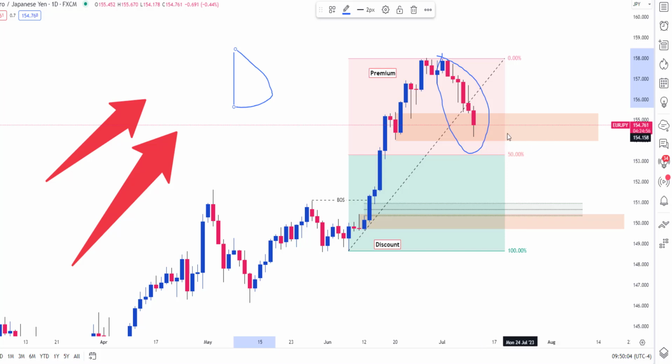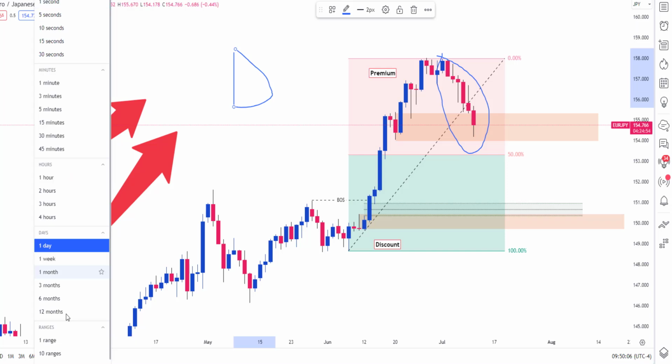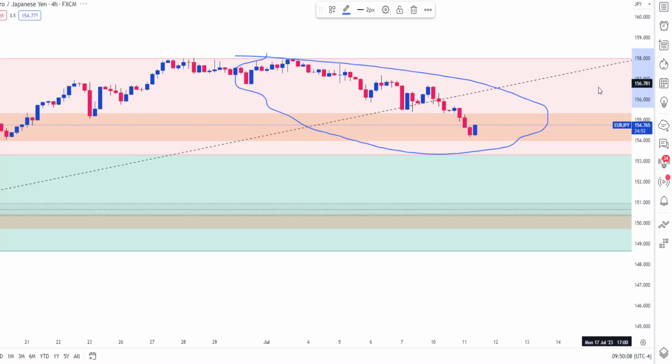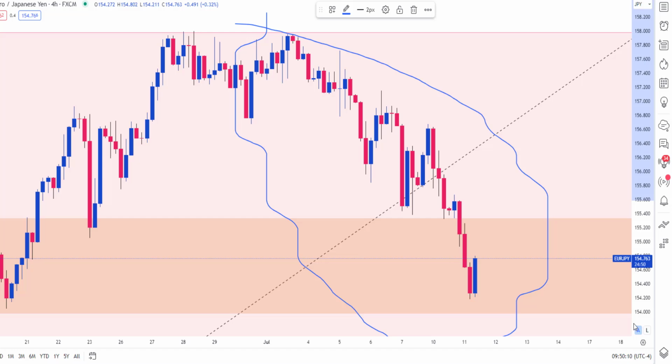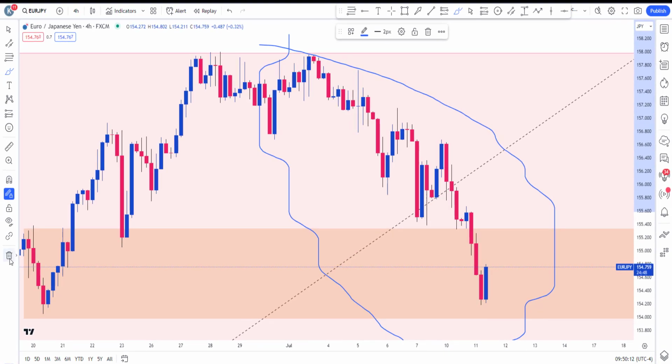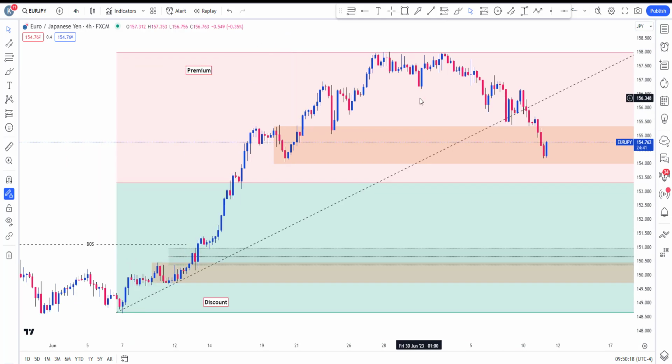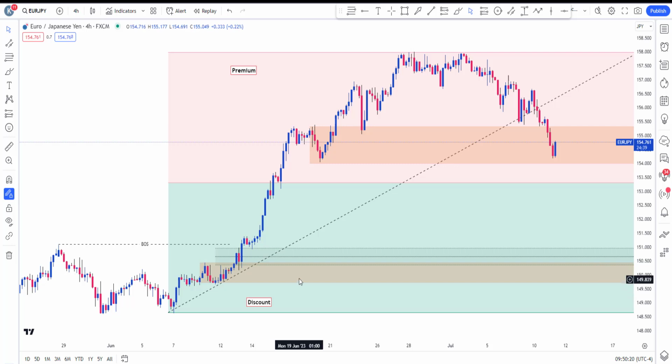So what you do is drop down to the 4-hour time frame. After dropping down to the 4-hour time frame, you take advantage of that retracement coming down from the daily time frame and find trades, knowing that this is your point of interest.